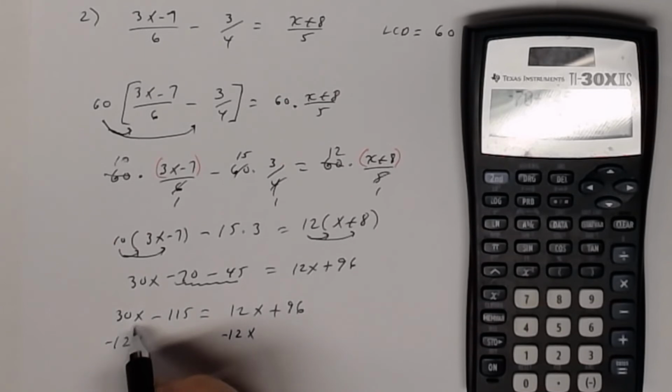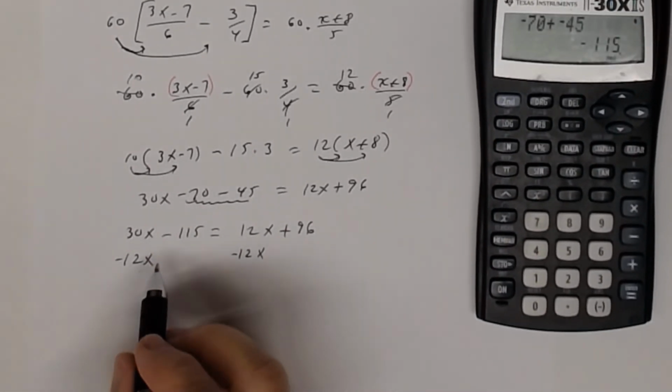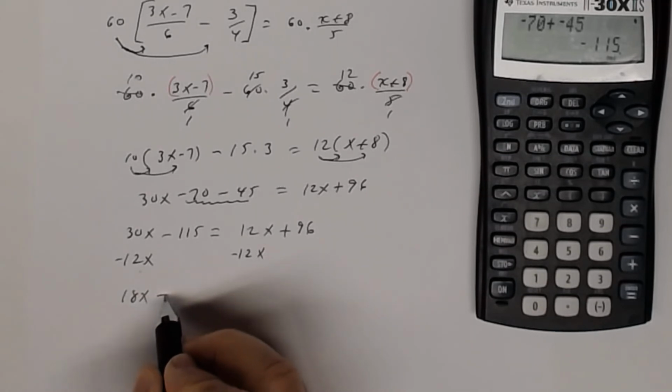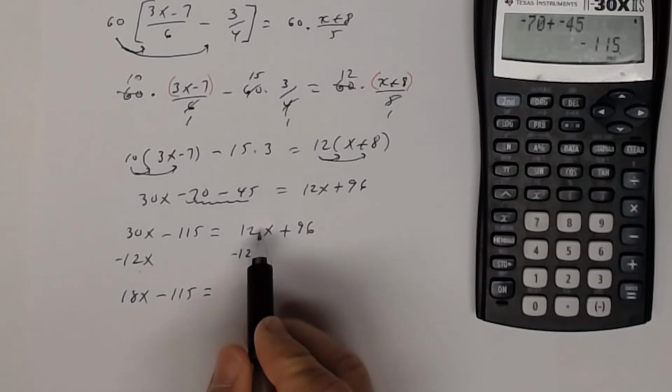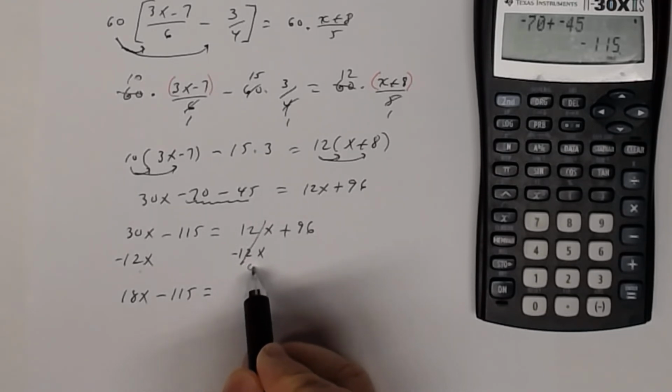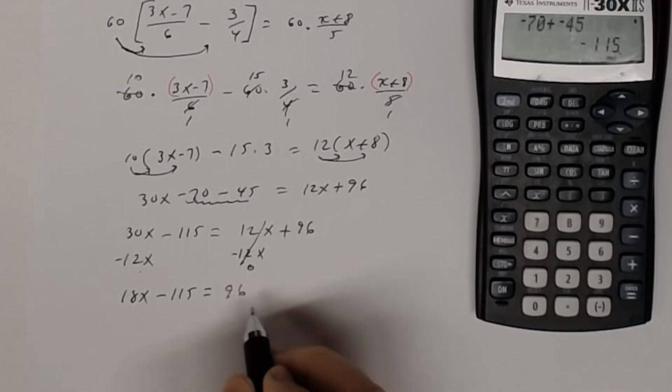Notice I'm aligning my like terms. 30x and a negative 12x is 18x minus 115 equal, and then 12x and a negative 12x are opposites, you get 0, and then 0 plus 96 is 96.